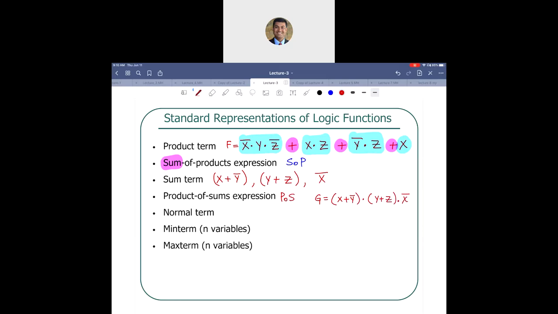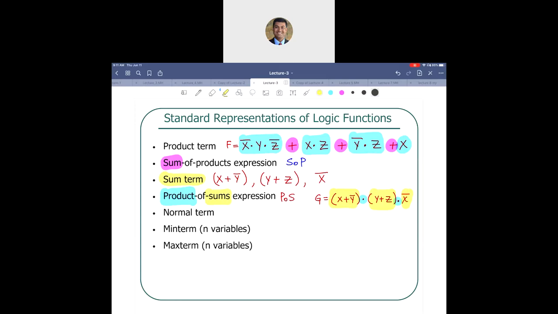So I have got a product of sums. Where is the product? The product is happening here and here. Of sums, where are the sums? The sum terms? Here, here, and here. So you've got a product of sums expression.